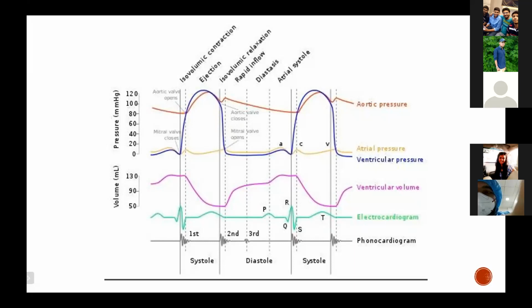Therefore, any murmur heard between the first heart sound and the second heart sound is considered a systolic murmur. And the murmur heard between the second heart sound and the subsequent first heart sound is considered a diastolic murmur.